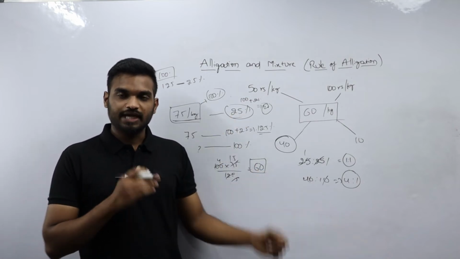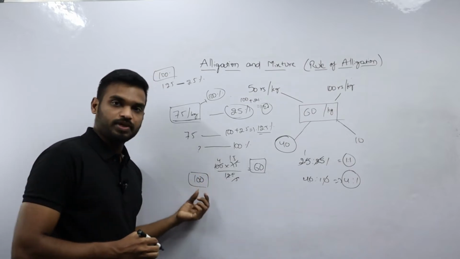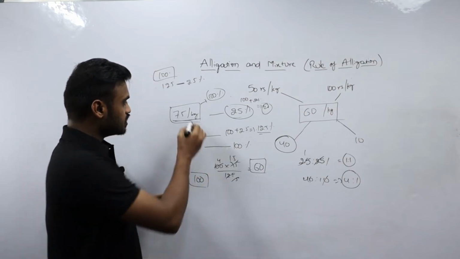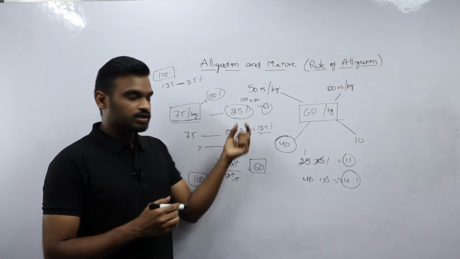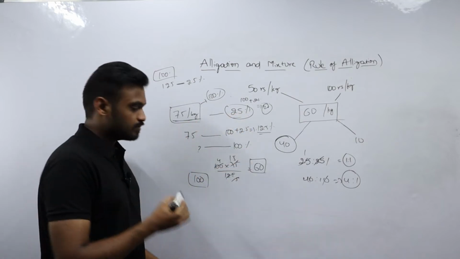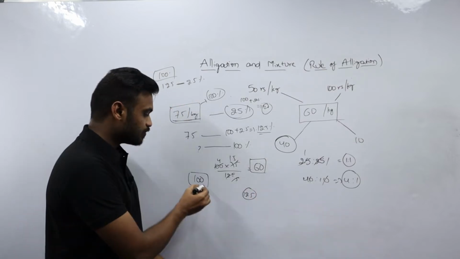If we assume the actual mean price as 100%, then this 75 rupees per kg is 25% more, right?